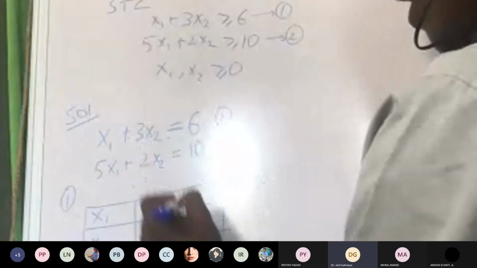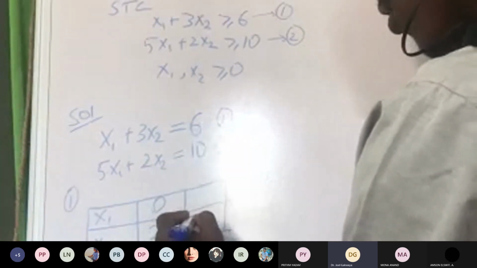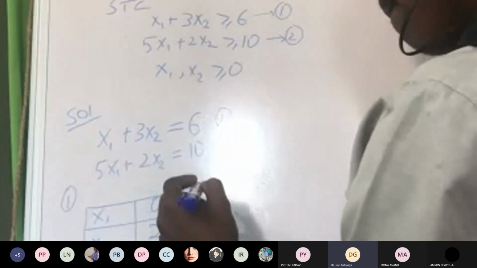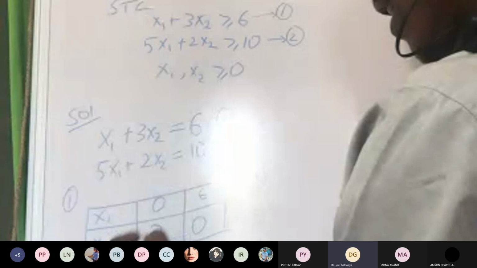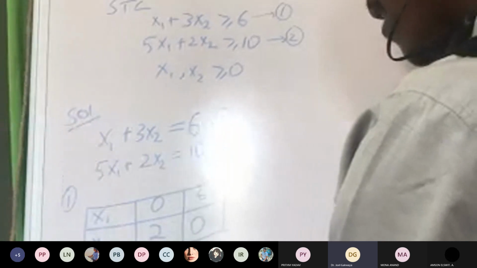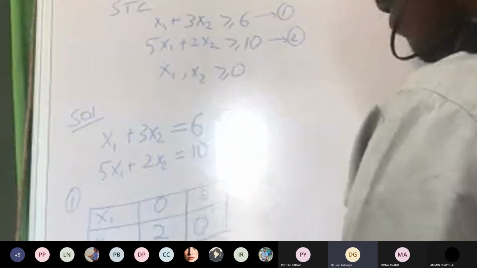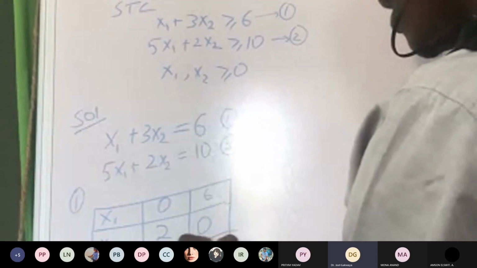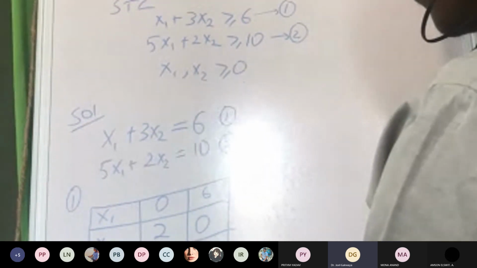Good. Now, when x2 is equal to 0, what is the value of x1? It is 6. Excellent. So here we have 0, comma 2, and 6, comma 0. This is the first line which we find.